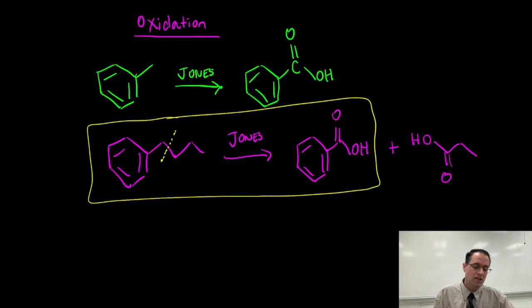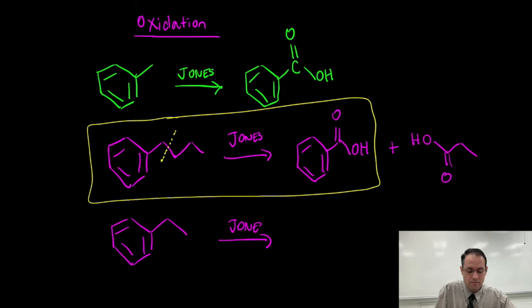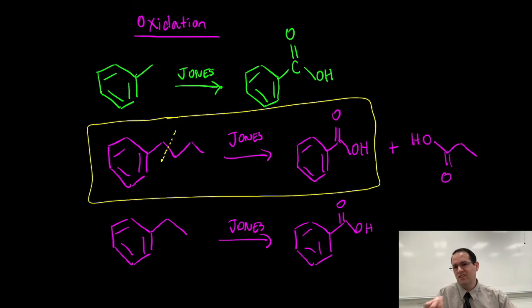Now, if you have two carbons, the single carbon becomes CO2. So if you have something like this, and we treat this with the Jones reagent, we'll form benzoic acid, and carbon dioxide gas, okay?